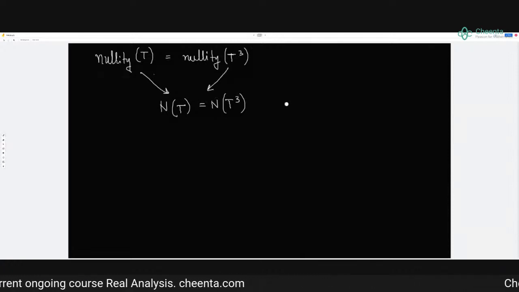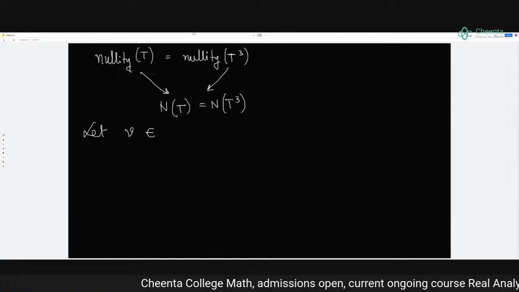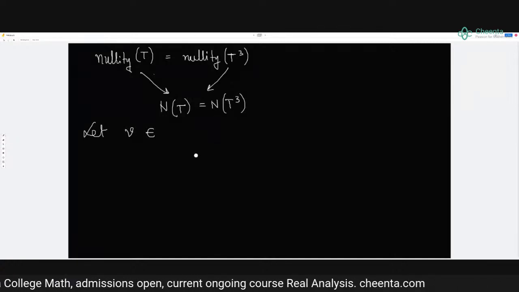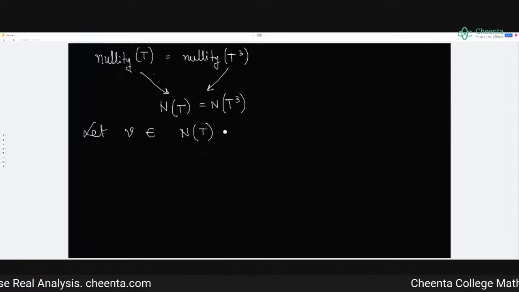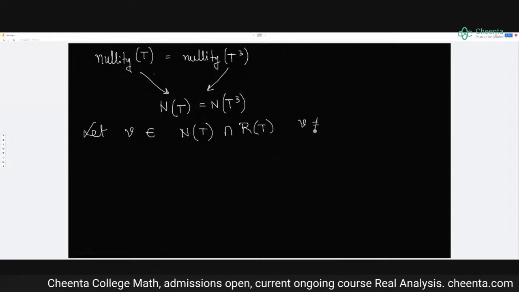Let's say that v belongs to the intersection of null space and range space. So I'm talking about the null space of T intersected with the range space of T. Suppose that v is non-zero.